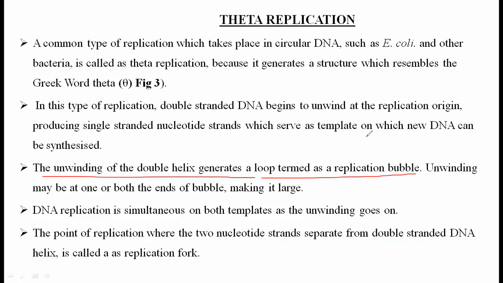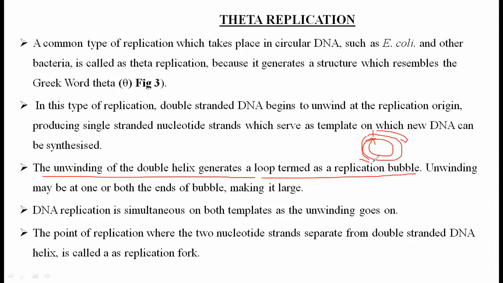And as you have two nucleotide strands, DNA synthesis takes place on this one also and on this one also. DNA synthesis takes place simultaneously on both the strands. Okay? And when both the nucleotides meet, synthesis on the upper strand goes from here, and from the lower, it goes from here.